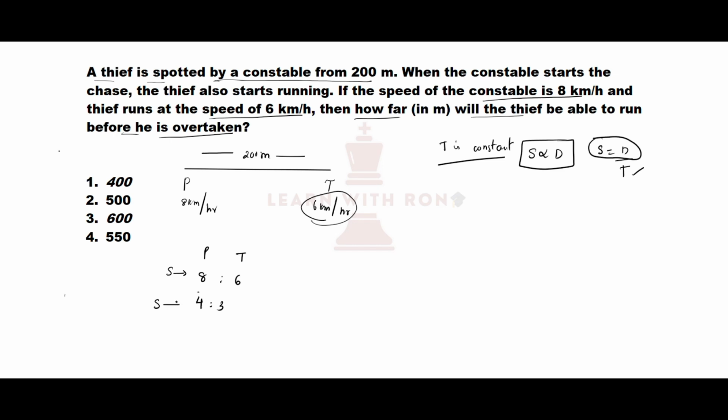If speed ratio is 4:3 and speed is directly proportional to distance, the distance ratio is also 4:3, and they have given the distance between police and thief as 200 meters. So here one part, which is 4 minus 3, is 200 meters. They asked how much the thief traveled, so 3 parts, question mark, 3 into 200, which is 600 meters, which is option number 3 here. Let's see the next question.